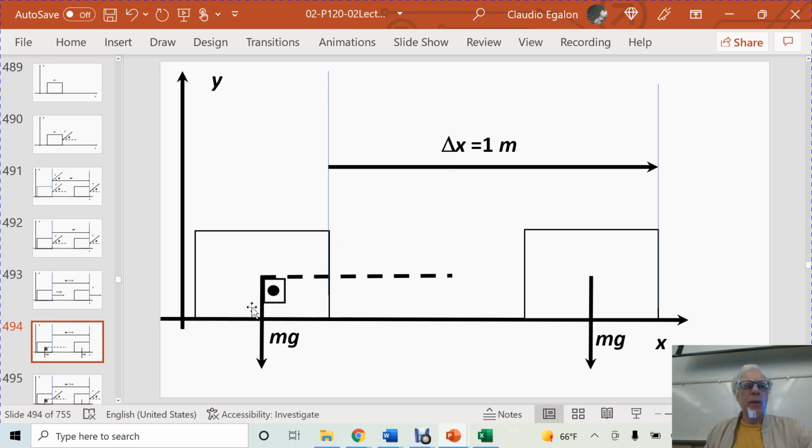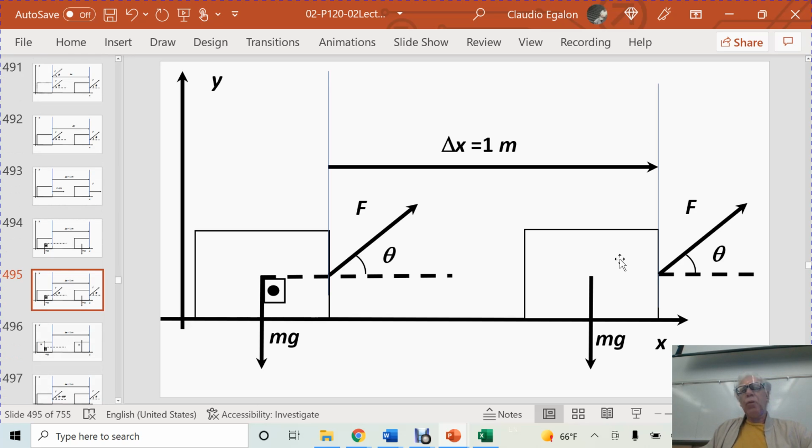What's the angle between mg and delta x? 90 degrees. What's the cosine of 90 degrees? It is 0. So every force that's perpendicular or normal to a given displacement does no work whatsoever. Can you picture that?